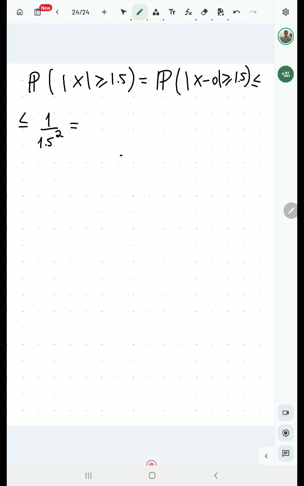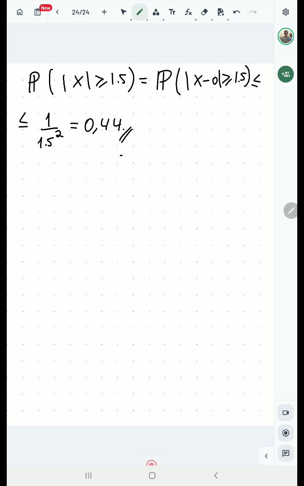So if you divide 1 by 1.5 squared, that gives you 0.44.